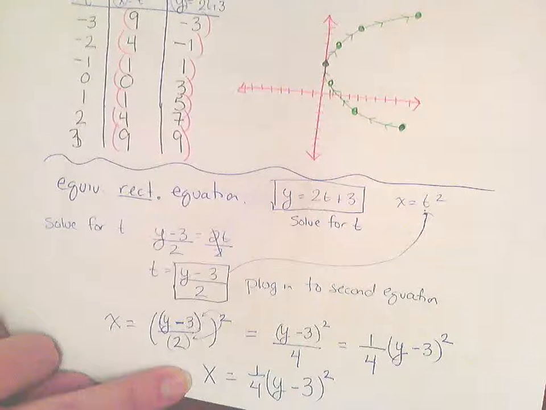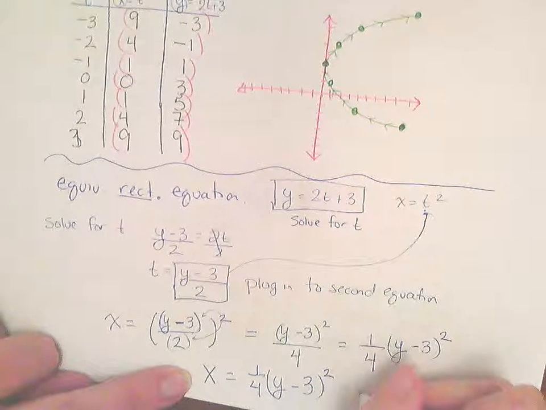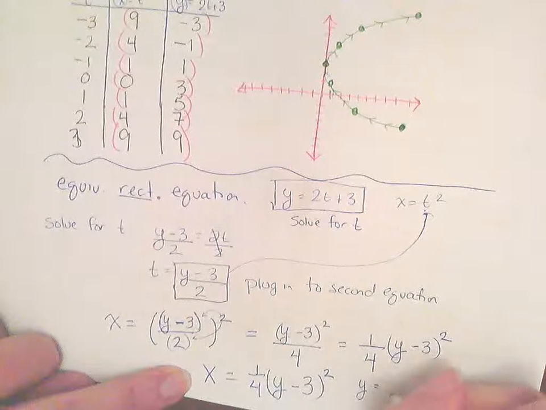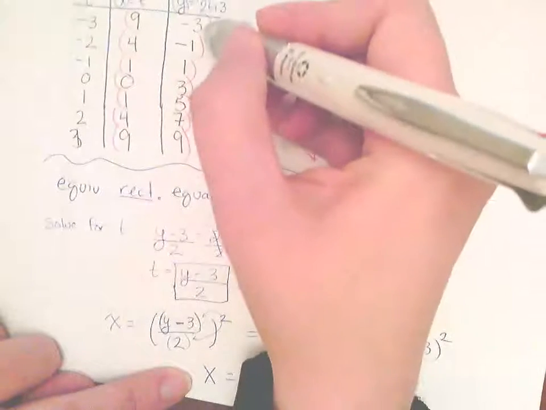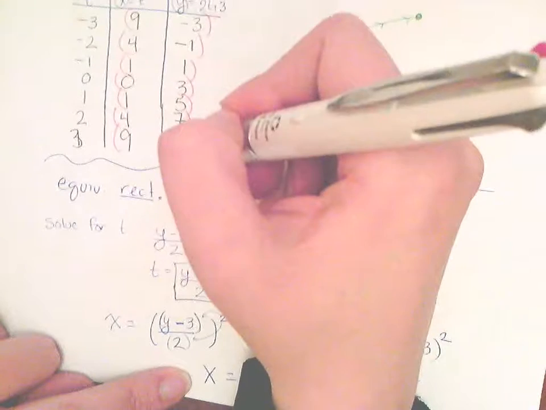And then basically my y interval, if you remember from here, was from -3 to 9.